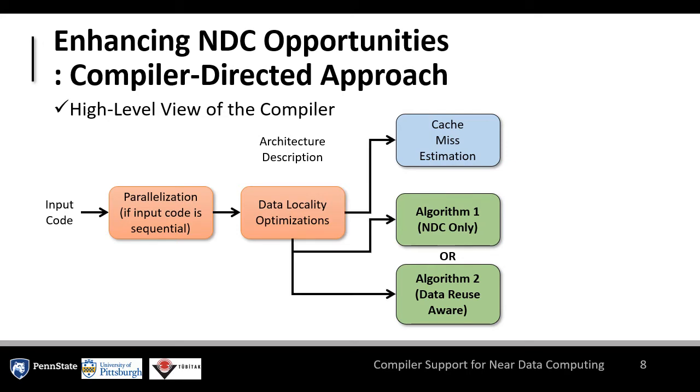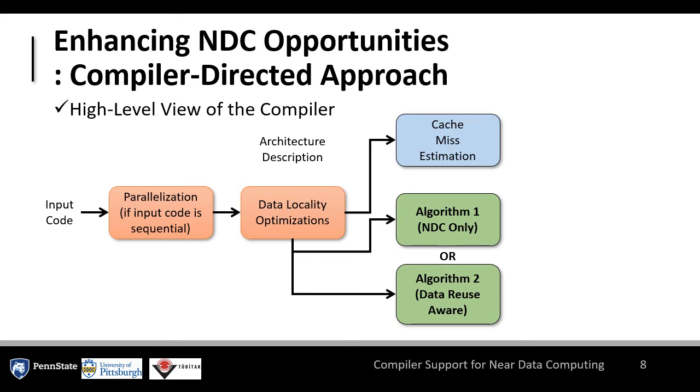And then we employ a cache miss estimation. The reason we have this component is that we need to know where to perform near data computation. For example, in order to perform it in the L2, we need to have an idea whether we are going to miss in L1 or not.